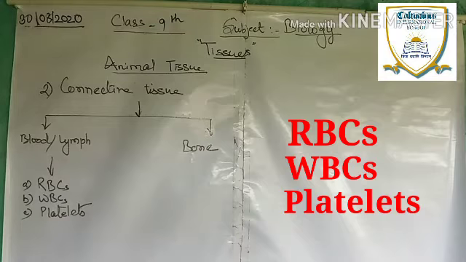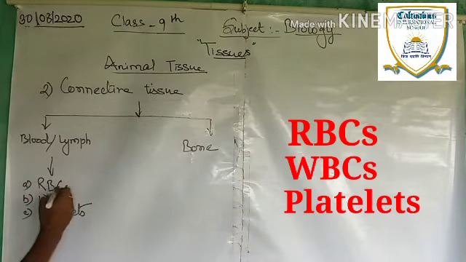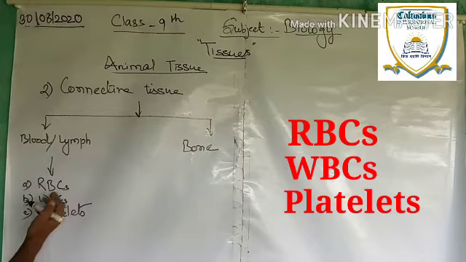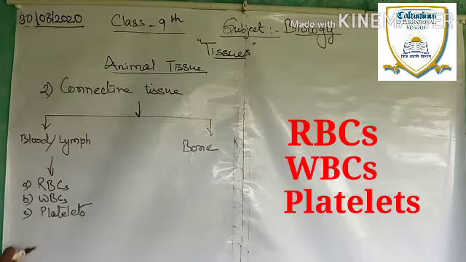Correct. So blood again is made of three types of cells: the RBC, the red blood cells; WBC, the body barriers; and platelets, the blood clotting cells.